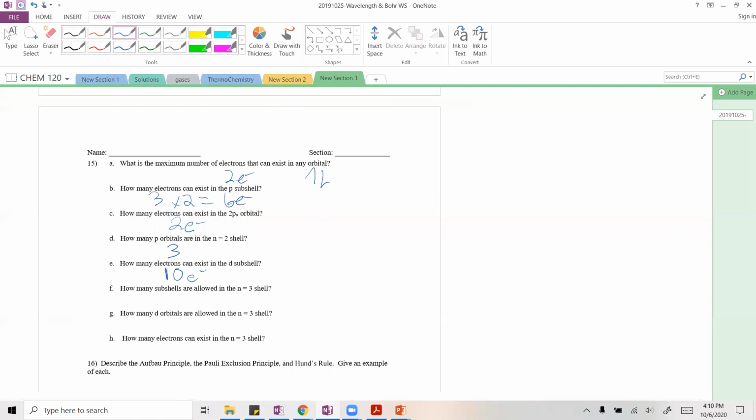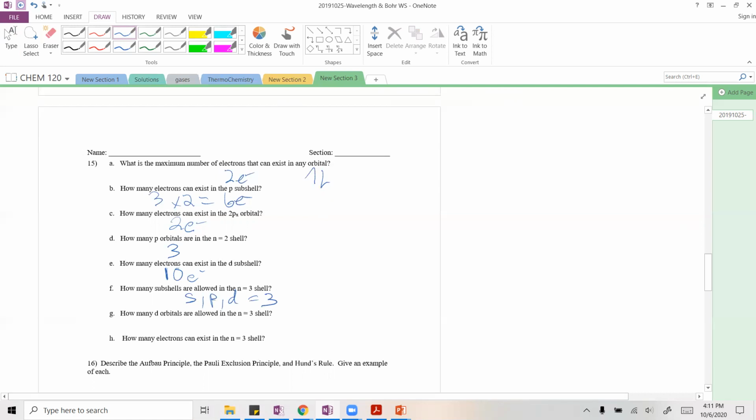How many subshells are allowed in the n equals 3 shell? We can have our s, our p, and our d, and so that gives us 3 different types of subshells.